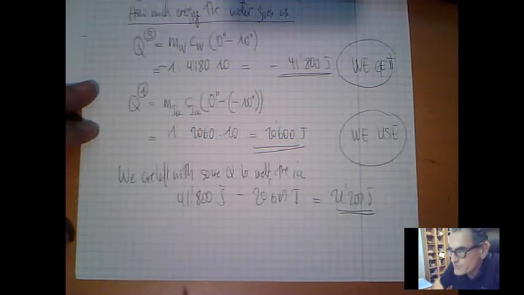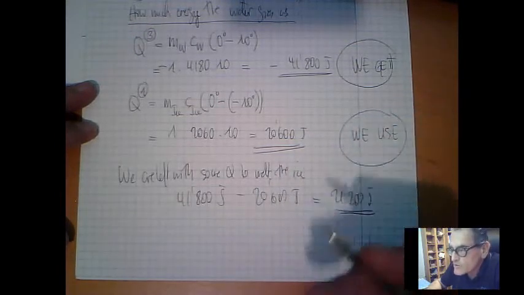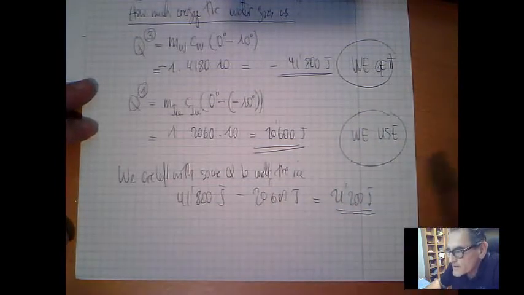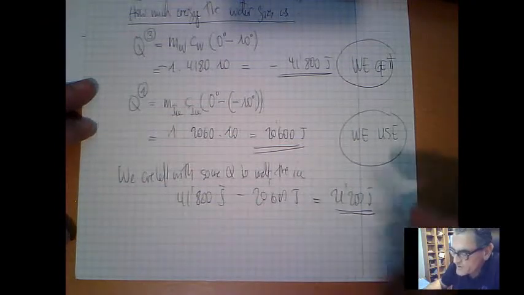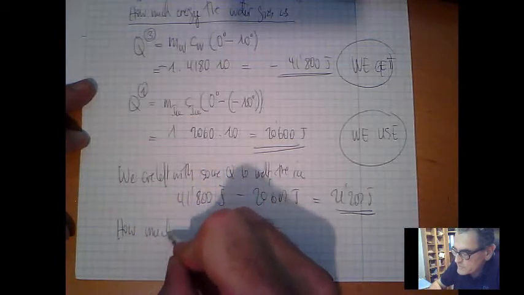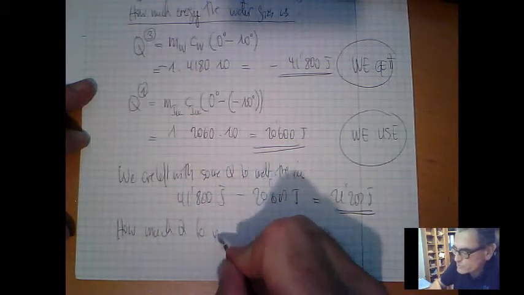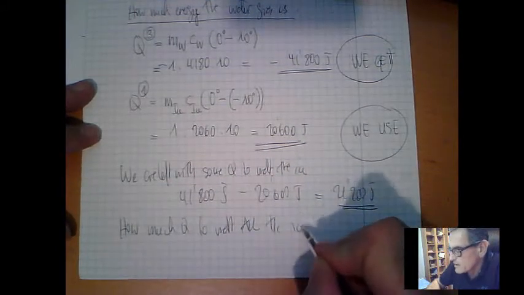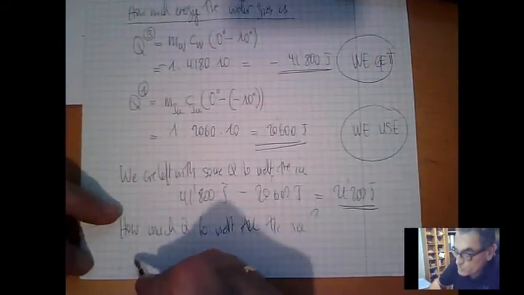How much ice could we melt with 21,200 joules? Well, we need to know how many joules we need to melt all the ice, and then we see what percentage we have of this energy. Okay, so how much Q to melt all the ice? Okay, so you can compute it.